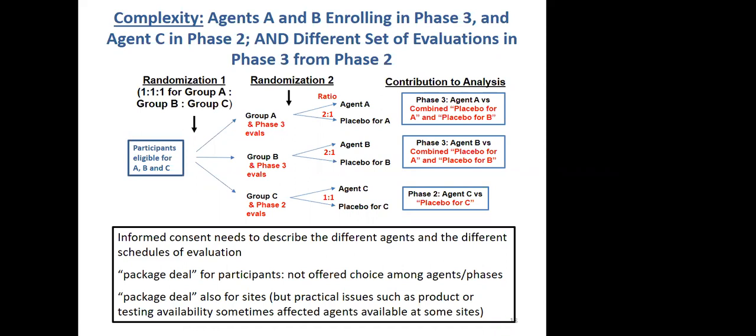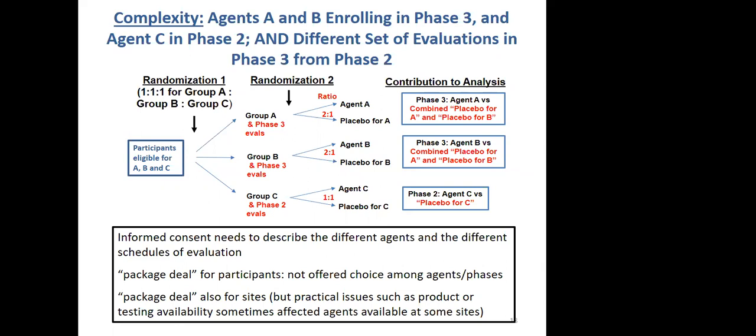So participants that are randomized to the control arms for these 2 agents, A and B, won't be getting the virology measurements in phase 3, and so cannot contribute as part of the control group to the phase 2 evaluation of agent C. So this is a further complication that needs to be taken into account.